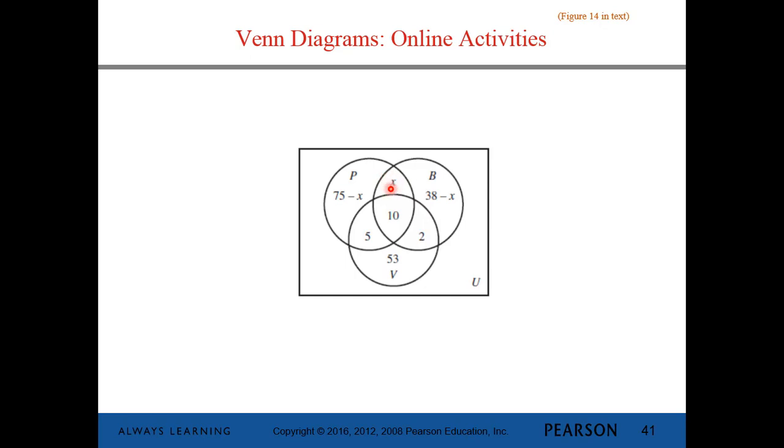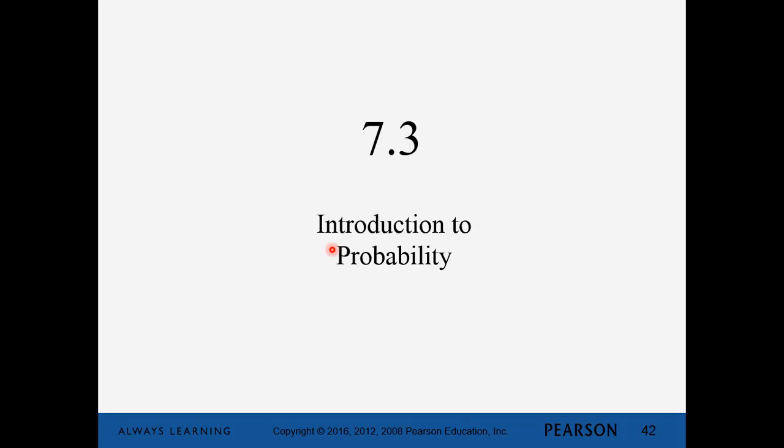X is 33, which means this is going to be 5, and this is going to be what? 12. No, 42. And we're done.